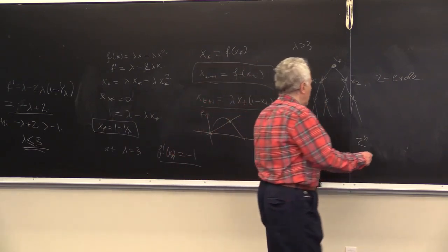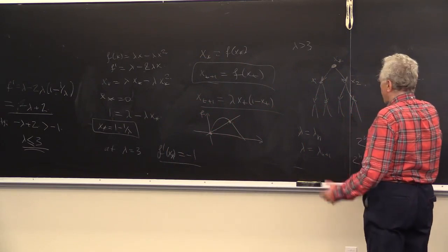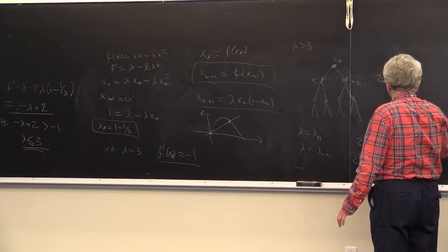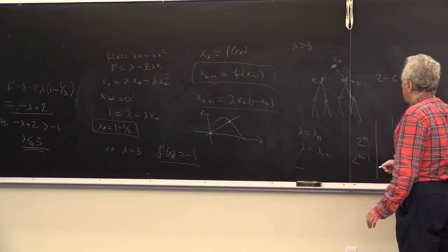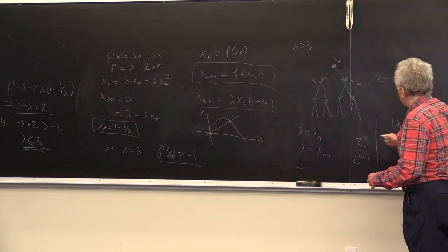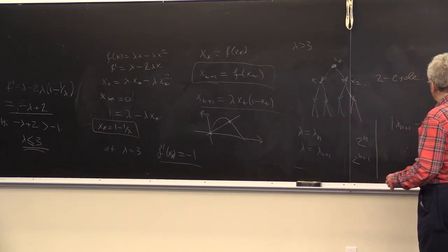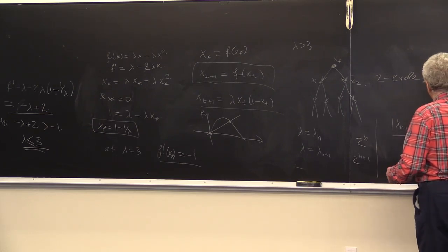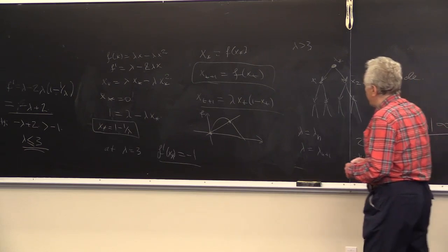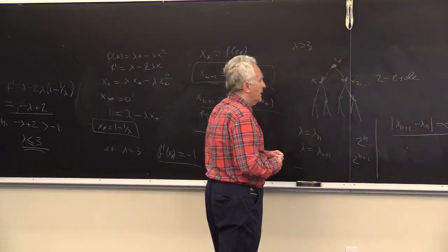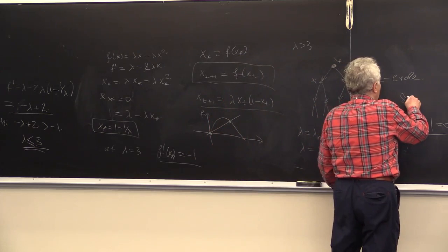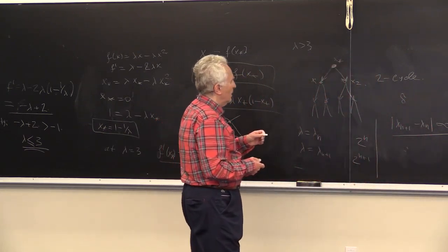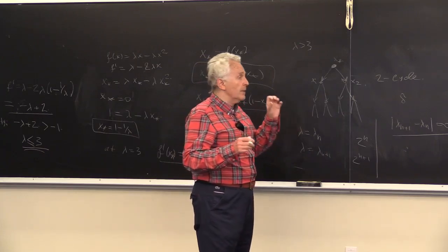Now, there are several quite amazing things here, but they become closer and closer, and they behave like a certain constant delta to the power n, and this delta, it's a completely universal number.